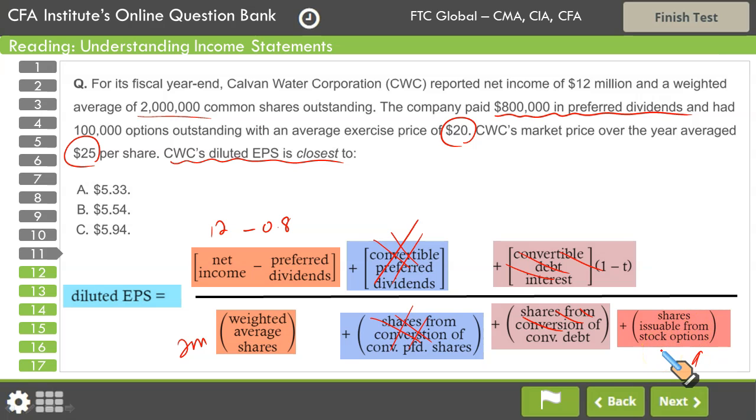There's a formula which you can use to calculate them by just plugging in the numbers: AMP minus EP upon AMP times the number of share options. AMP is basically the average market price, which in our question is given as 25.